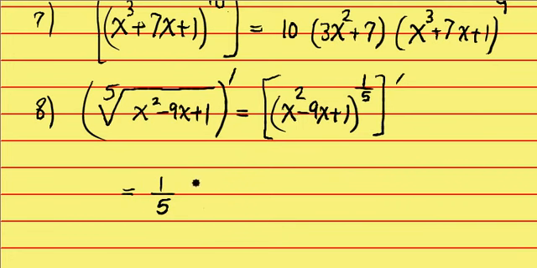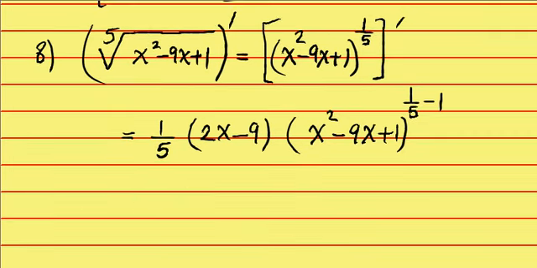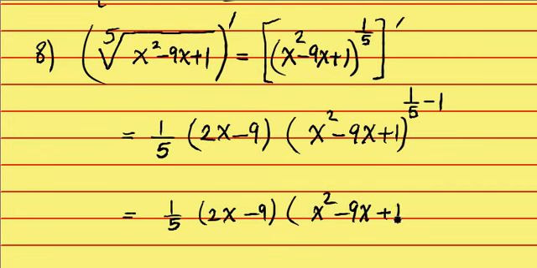The derivative of the base, 2x minus 9, and the base raised to power of 1 less than the old exponent, which is 1/5 minus 1. Clean this up a bit. So 1/5 of 2x minus 9, x squared minus 9x plus 1 raised to power of minus 4/5.